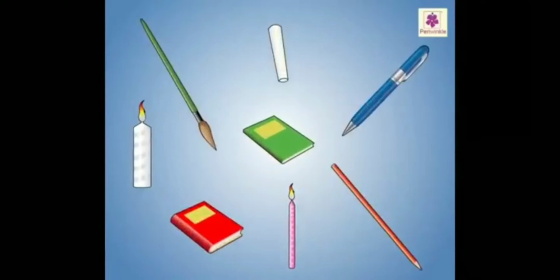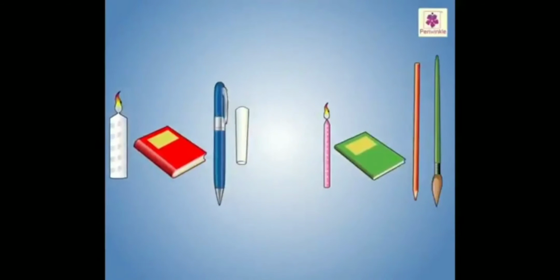Hey friends, every day we see many things. Some of these things are thick while some are thin. So we can say that objects can be thick or thin. Let us now look at some examples of thick and thin objects. Look at this red book.